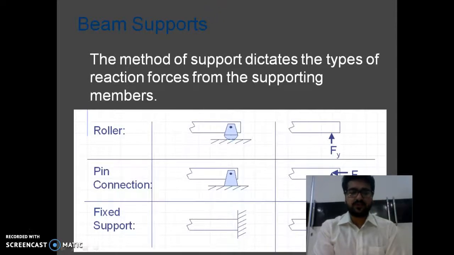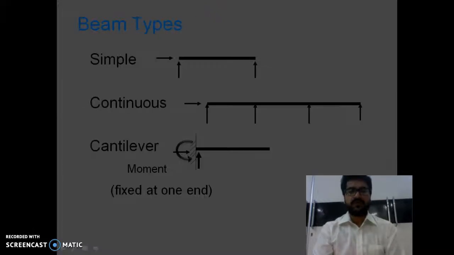The hinged or pin connection produces two forces, one in the X direction and one in the Y direction. The fixed support produces X direction, Y direction, and additionally a moment which resists the rotation as well. Depending upon the types of supports, beams can be classified as follows.